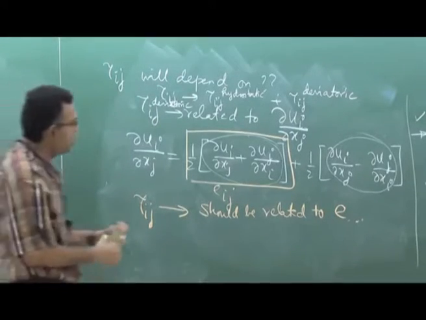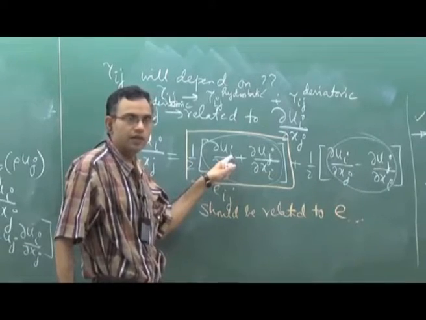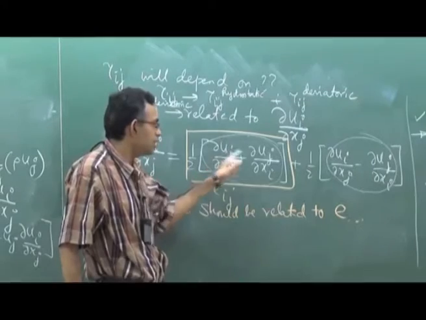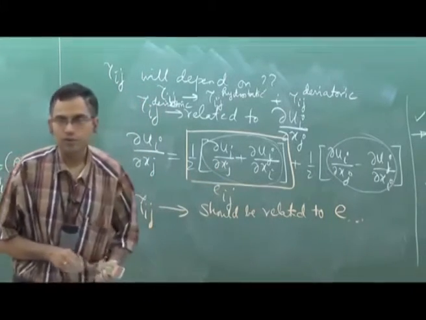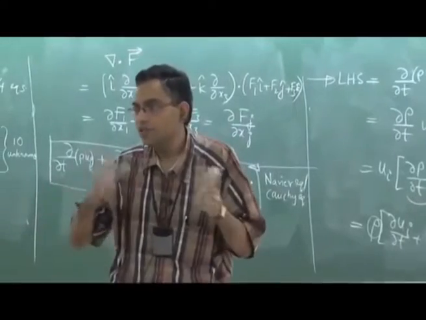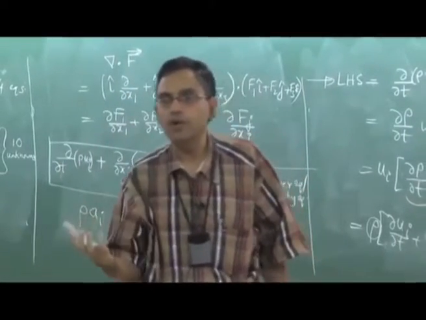This E is also a second order tensor, right? This is called the rate of deformation tensor, because it uses two indices for its specification. Now the big question is, how is tau related to E? It depends on what type of fluid you are considering.